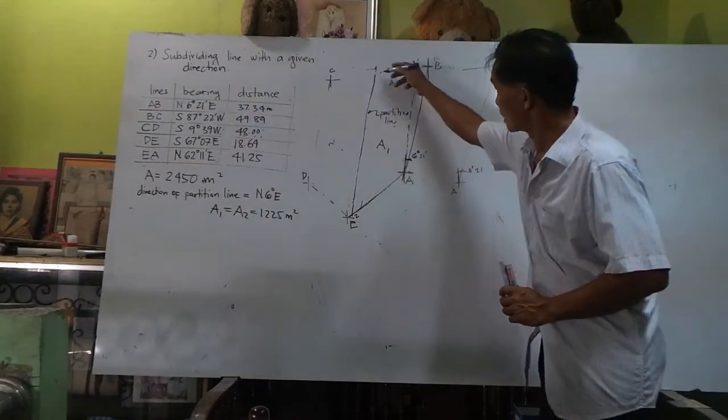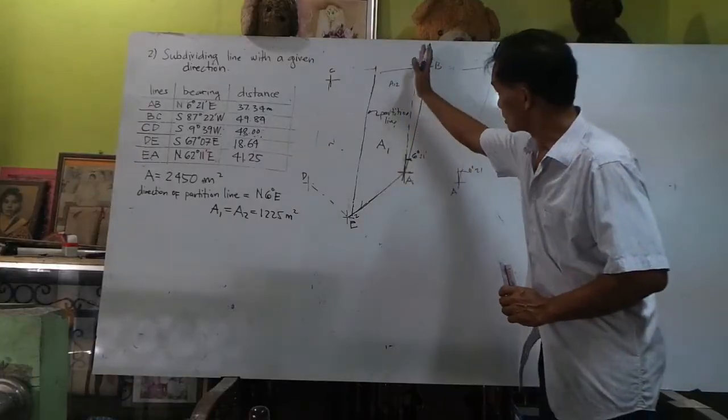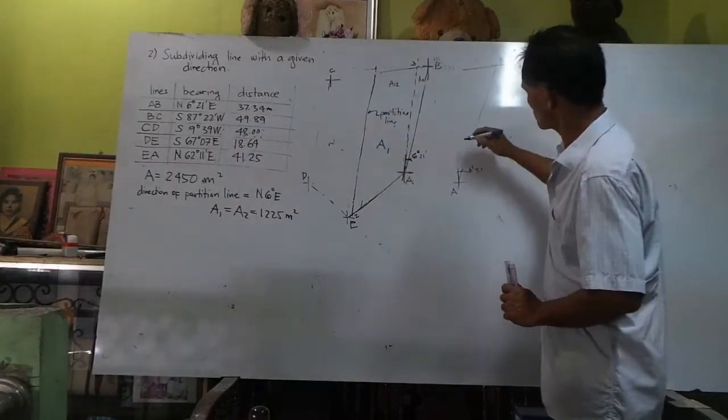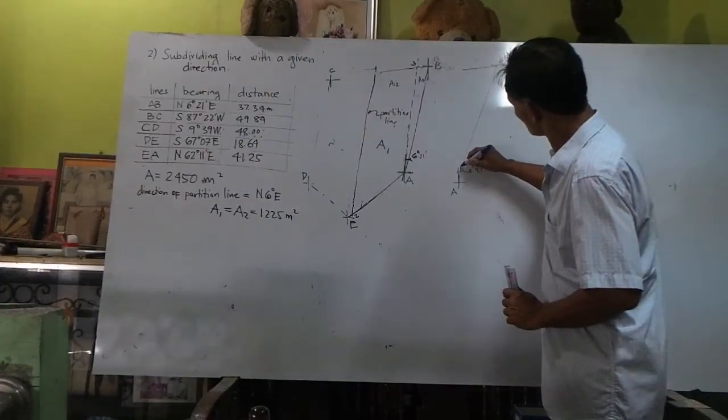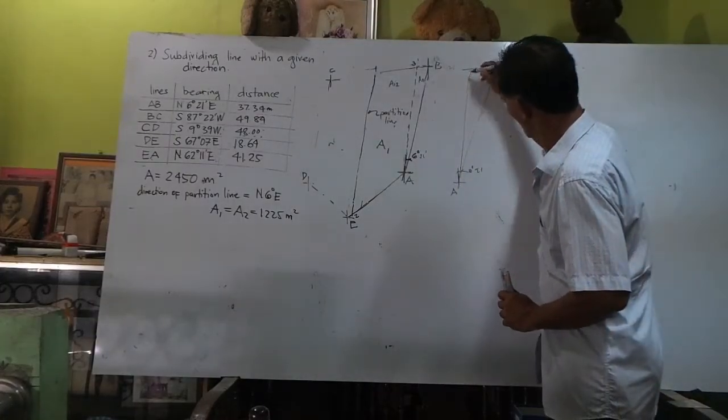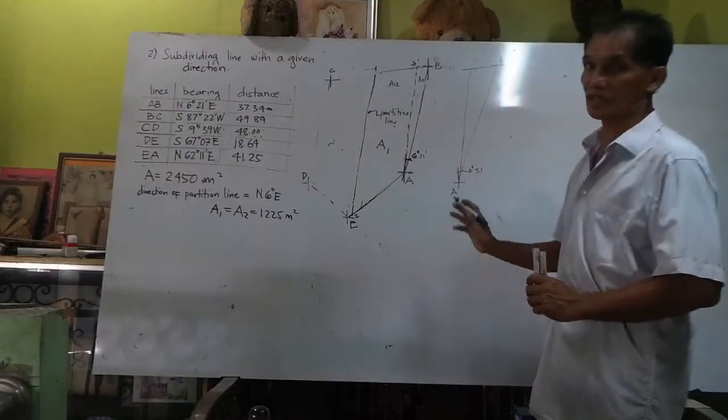Because this is now a trapezoid, meaning to say, this is parallel with this line. I just exaggerate the angle so that it can be seen.